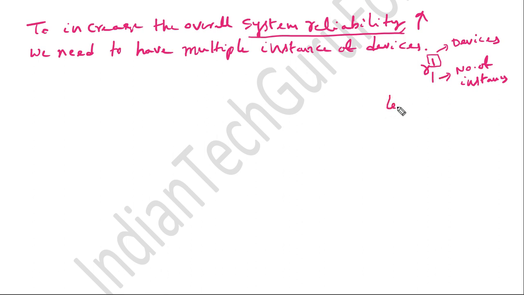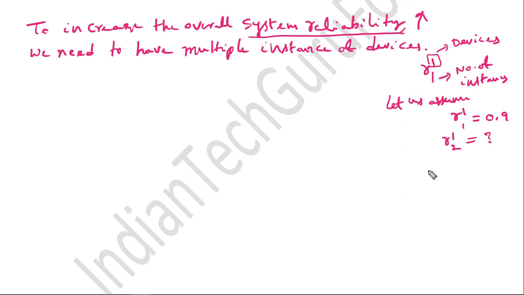Let us assume R power 1 suffix 1 is equal to 0.9, and assume that I want to replicate device 1, and now I am having two instances of device 1. Then what will be the reliability?